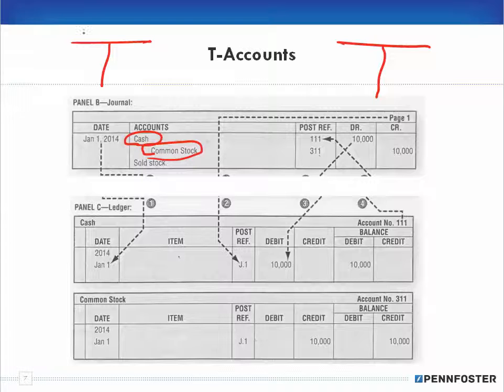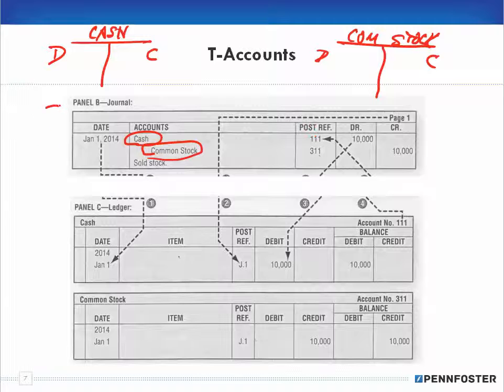So I make a T and I label whatever that T is. That one's cash and this one is common stock. The conventions of debits on the left and credits on the right still hold true. Debits are on the left and credits are on the right.